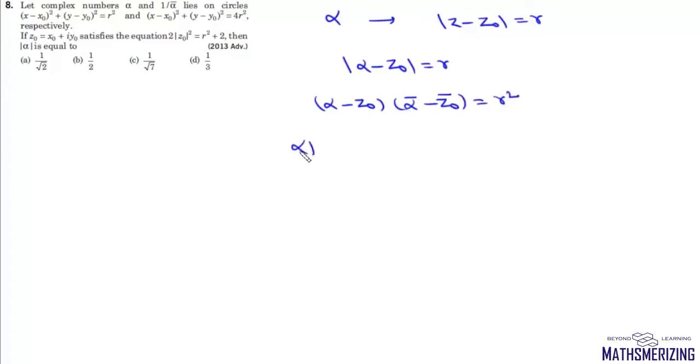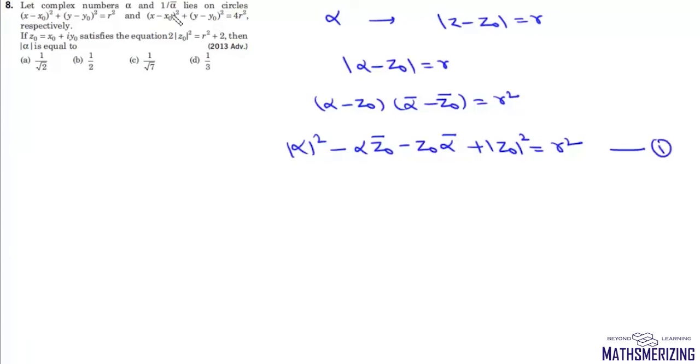So we can write mod of alpha square minus alpha z naught bar minus z naught alpha bar plus mod of z naught square equals r square, and that's our first equation.